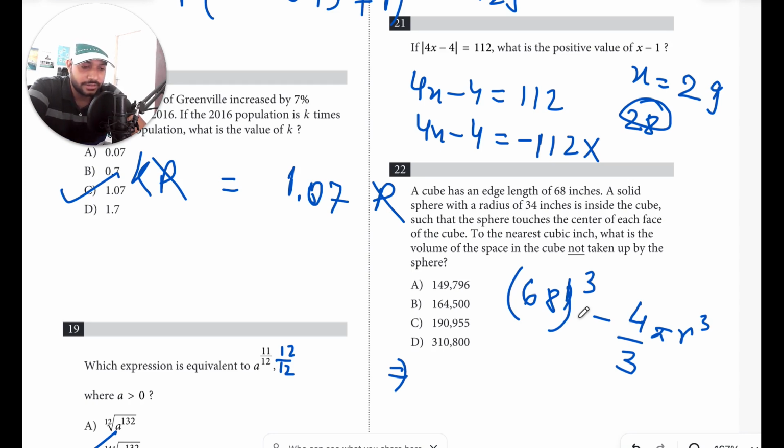So 68 cubed is 314432. Then subtracting from that is pi times r cubed, 34 cubed, multiplied by 4 by 3.